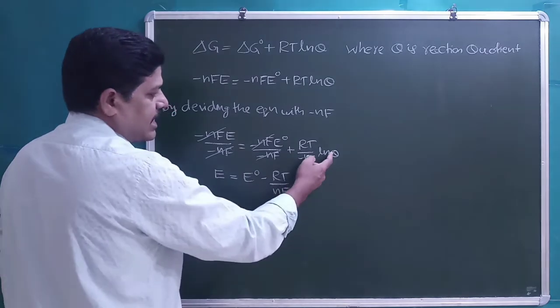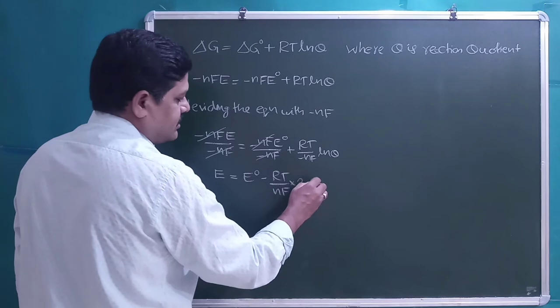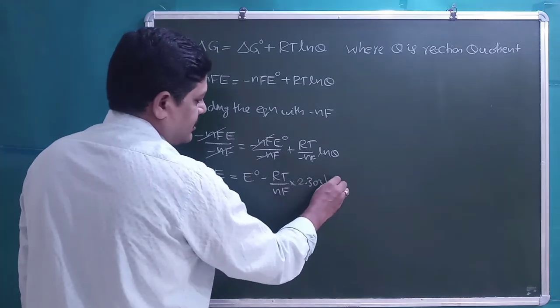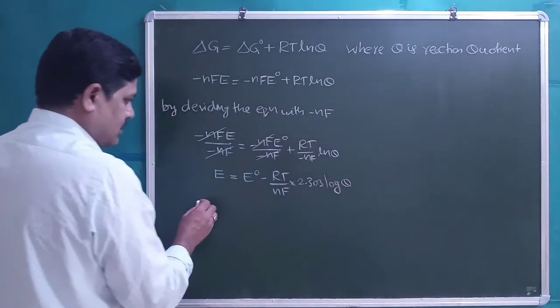Students, to convert a natural logarithm into common logarithm, it should be multiplied with the constant 2.303, then ln Q will become log Q base 10.